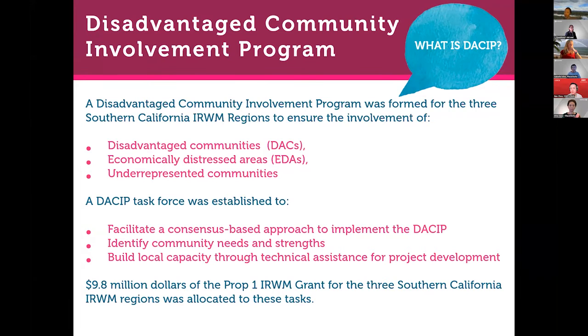Just want to note that throughout this program and working with stakeholders, we prefer to use the term underserved or under-resourced communities, but you'll often see us use the term disadvantaged community since it's a definition used by the state.